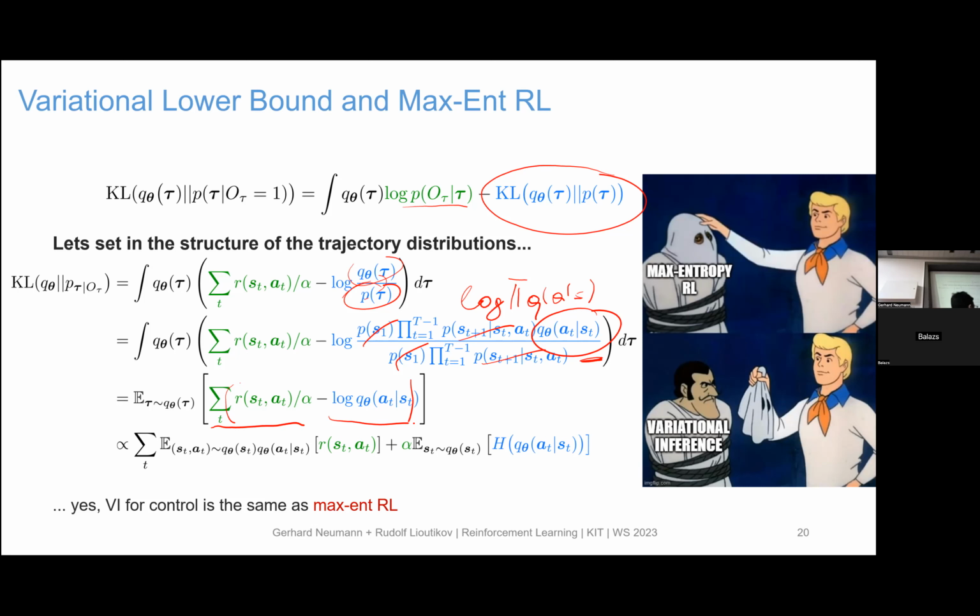But if we analyze that a little bit more, this minus log Q is contained in the entropy of the distribution, isn't it?